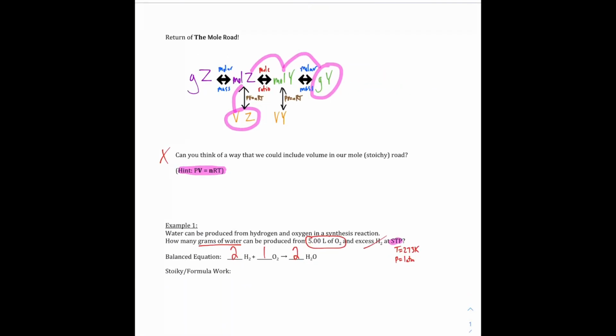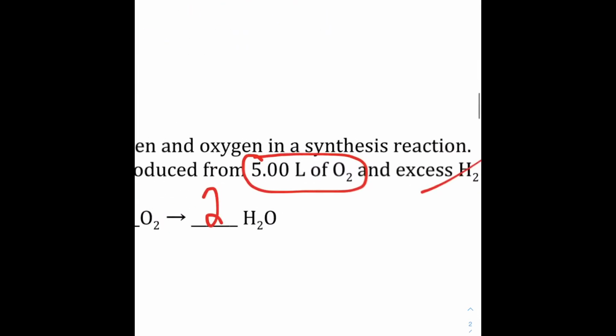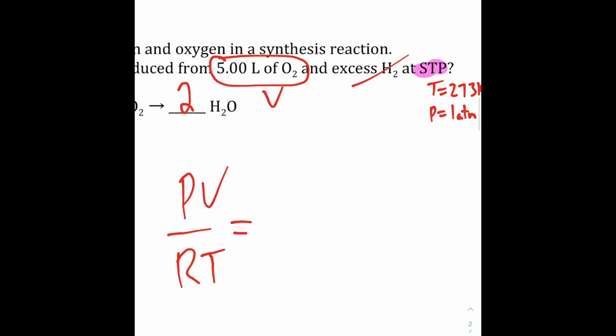Let's start with PV equals nRT. We need to solve for moles of our substance oxygen, and we're given volume. We're also given temperature and pressure, so it's like a traditional PV equals nRT equation. We're going to solve for moles, which equals PV over RT, plugging in my values, 1 atmosphere for my pressure, 5 liters, and notice what I'm doing here, I'm actually including oxygen.